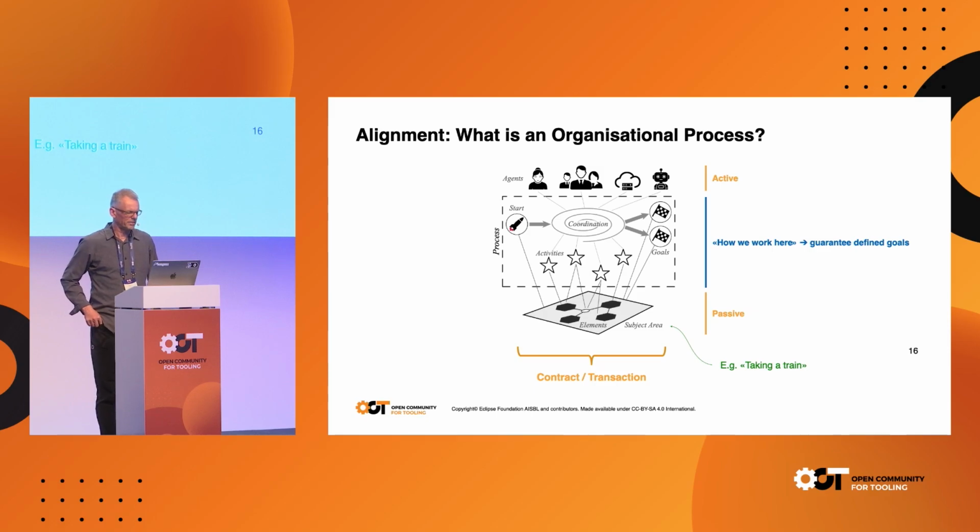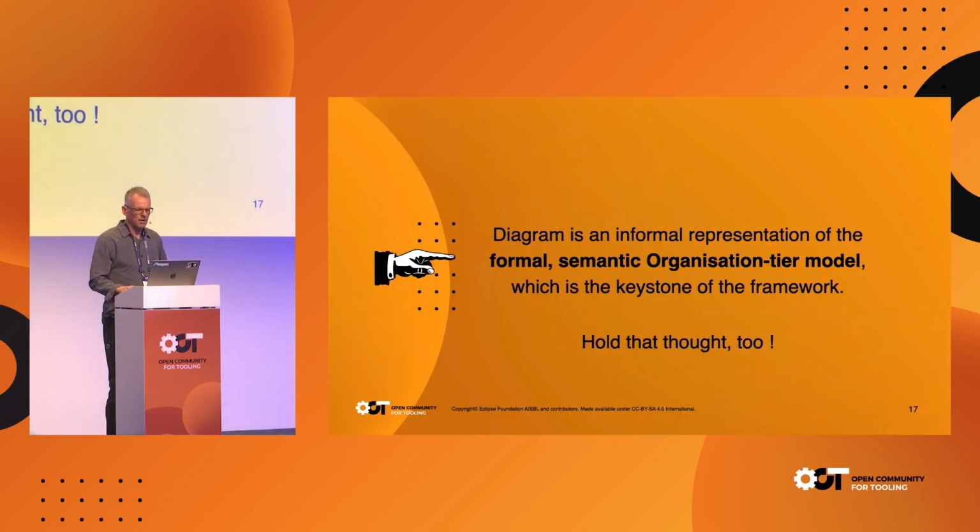I think that organizational processes are better modeled with contracts and that we consider them as transactions. So they have clear start conditions and they have different goals that they can reach. And it's easy to formalize those conditions at the beginning and at the end. And then we can apply tooling to it. All of this, sorry, step too far.